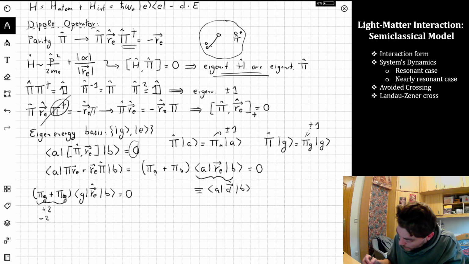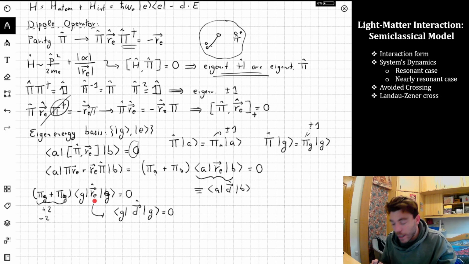So this means that the only possibility, this is not B, this is G, the only possibility is that the diagonals of the dipole operator should be equal to 0, because the diagonal of the RE is equal to 0. The diagonal, I mean the ground in this case. So the one component of the matrix is equal to 0.